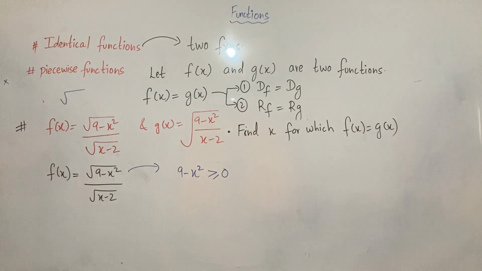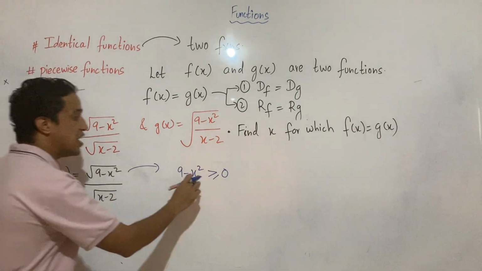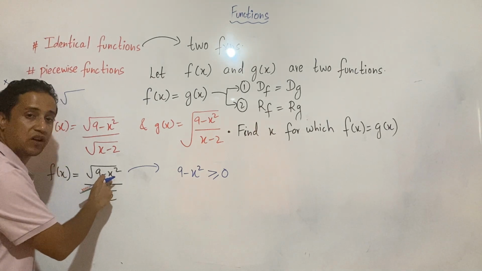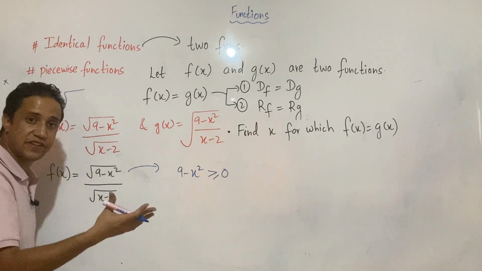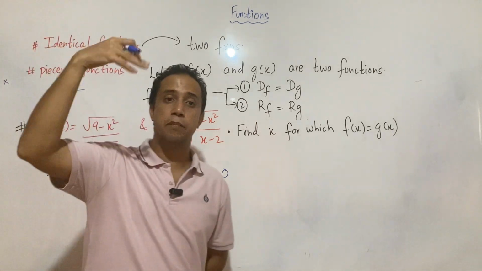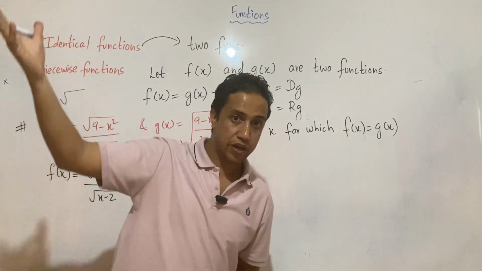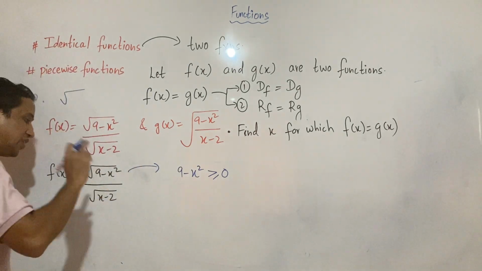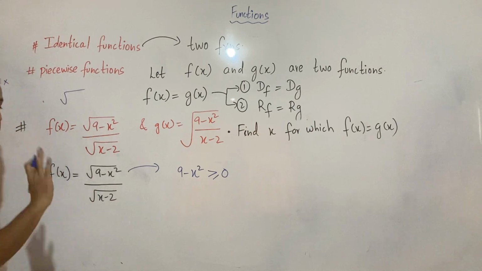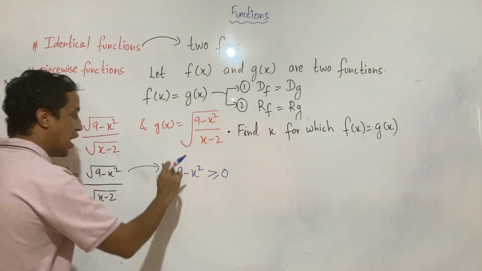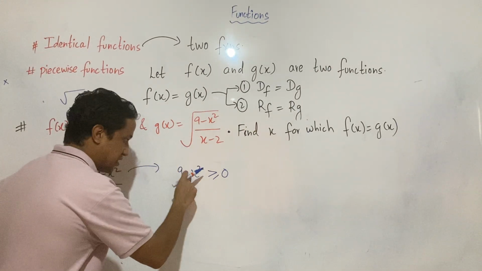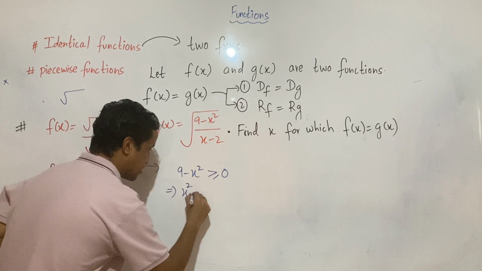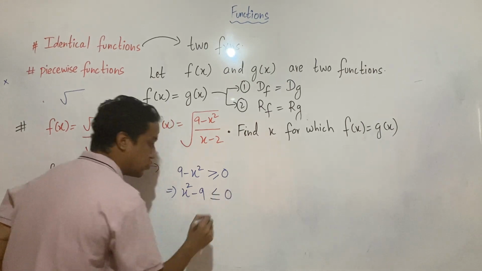I hope you agree with me, right? If it is less than 0, then this thing is not going to be valid. Why? Because then it's going to be root of some negative number, and then we will jump from the real world to the imaginary world, complex numbers. So this has to be greater than equal to 0, only then this root function is going to be valid. Now from here, if I take minus common, can I say that x square minus 9 is less than equal to 0, right?